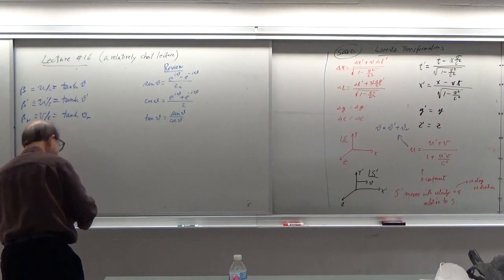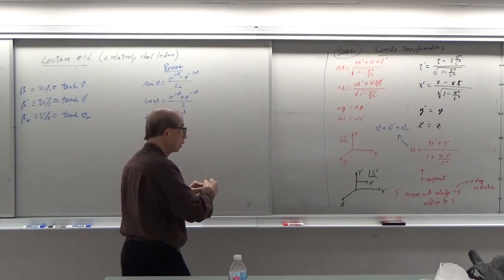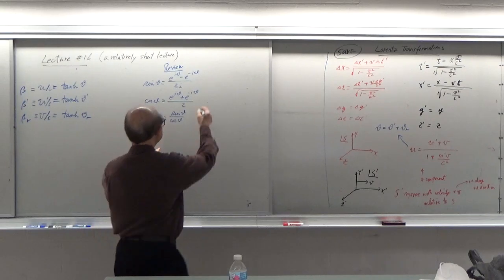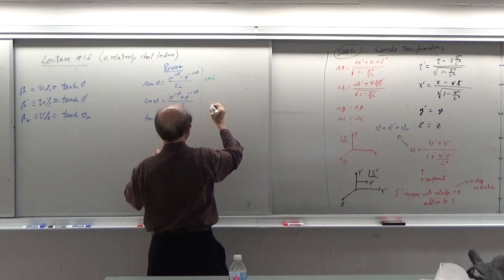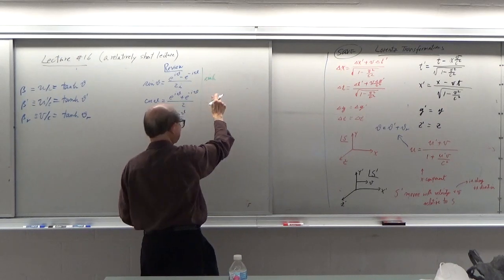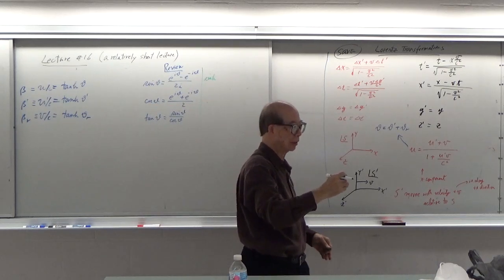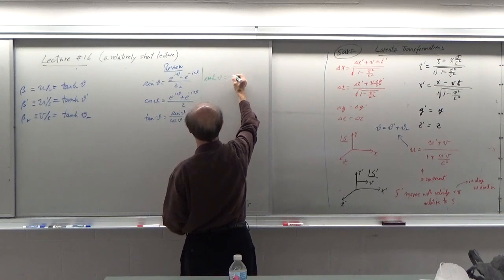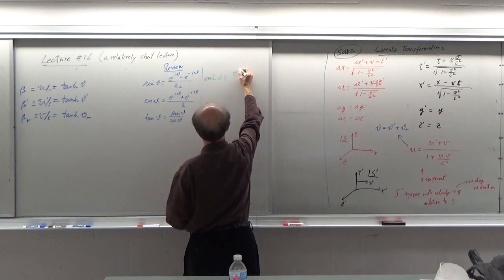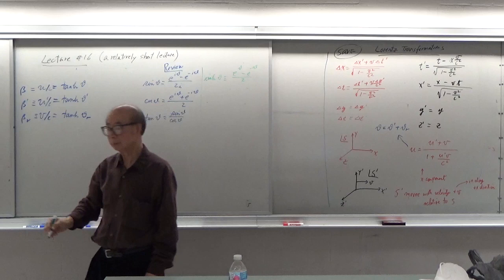Now, in case you're not familiar with hyperbolic functions, they can be written in a similar manner. Namely, the hyperbolic sine function, sometimes I just pronounce it as sinh, is defined to be e to the theta minus e to the minus theta divided by 2.